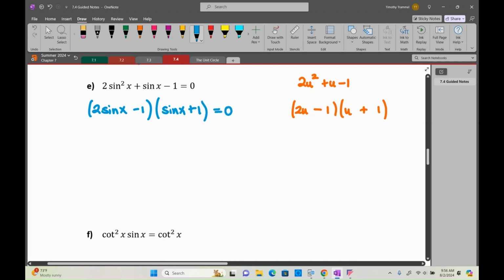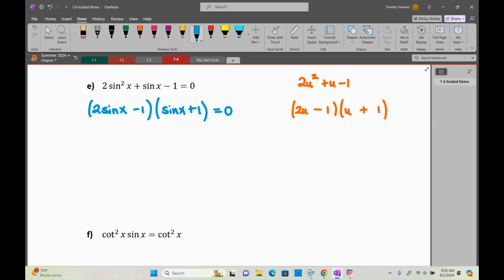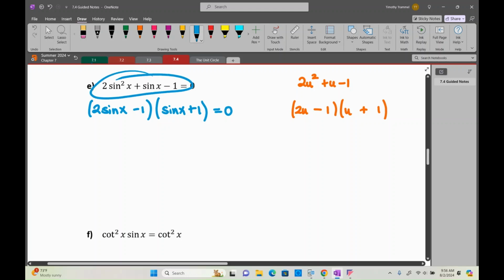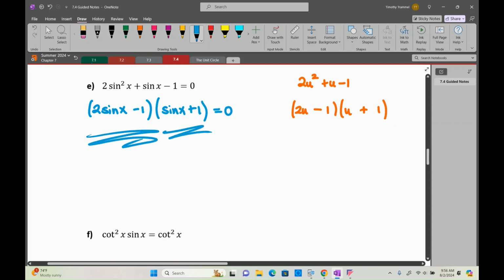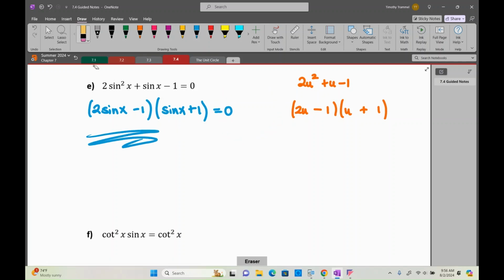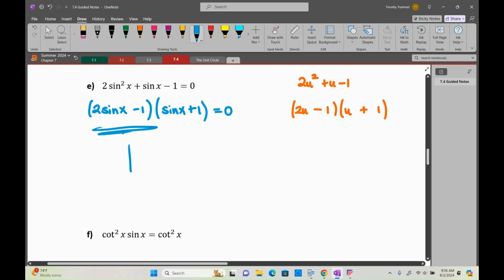And so then the question becomes, now that we factored it, why was that helpful? Well, it was helpful because we weren't going to be able to isolate our trig function. We had two of them, and in fact, one of them was squared. But when we factor it and set it equal to 0, any solution is either going to have to cause this factor to be 0 or this factor to be 0.